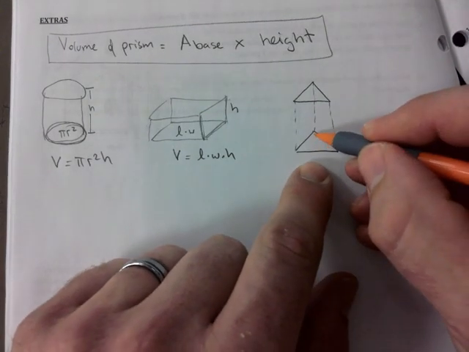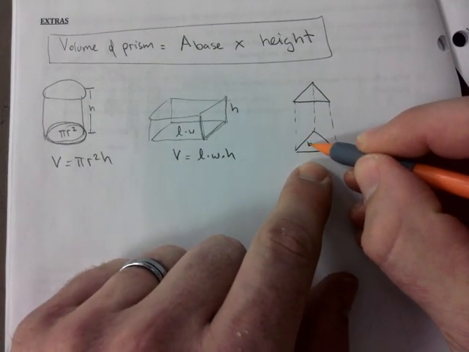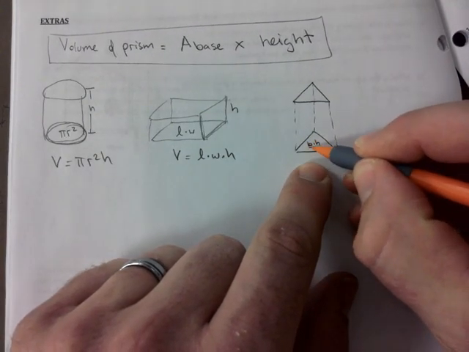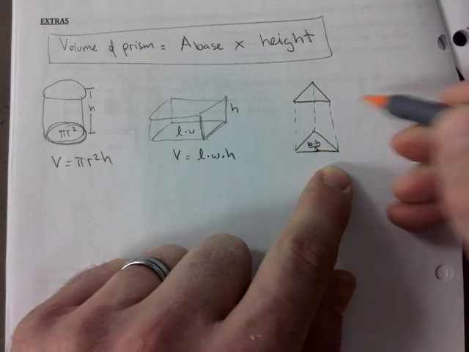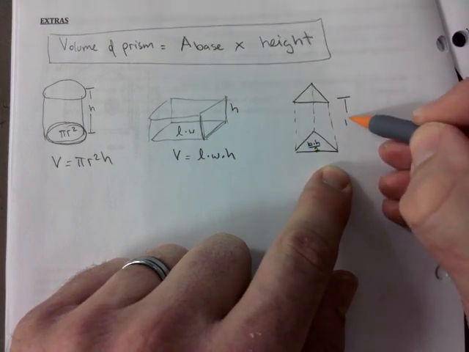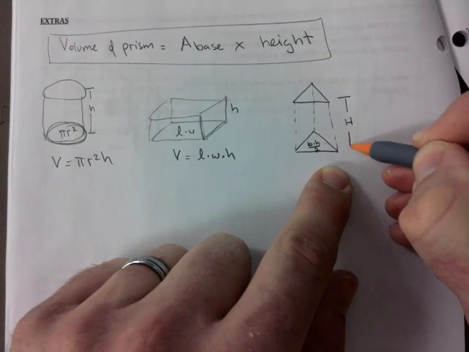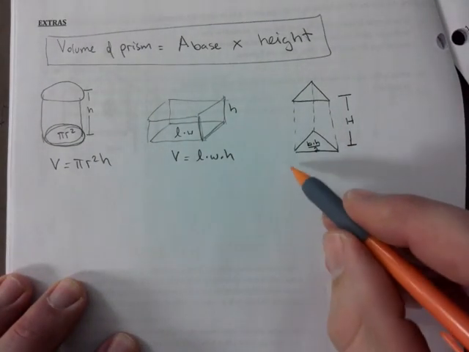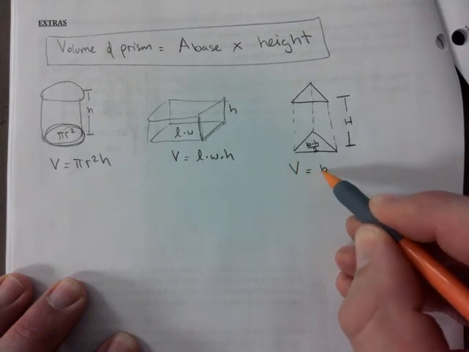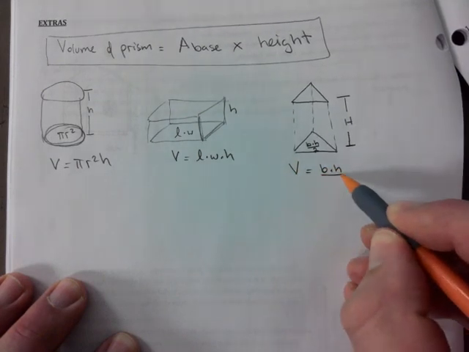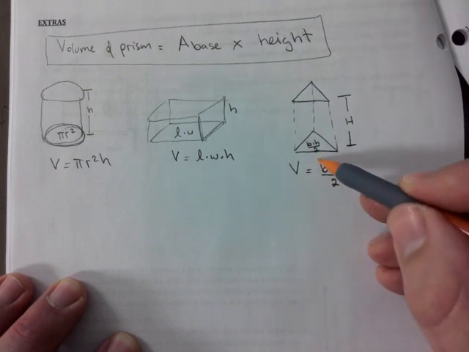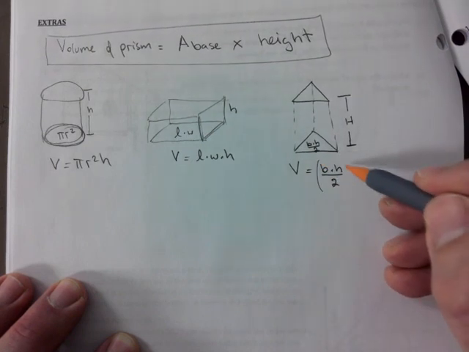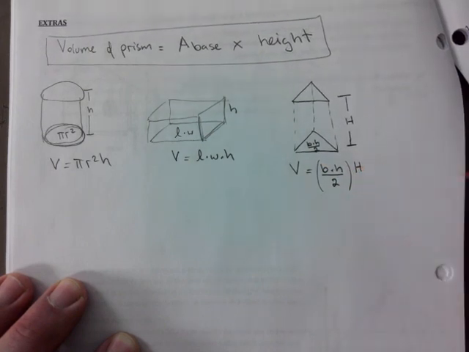The area of the base is base times height divided by 2. And then you multiply it by the other height, which I will call capital H. Okay, so volume is base times height divided by 2 times capital H.